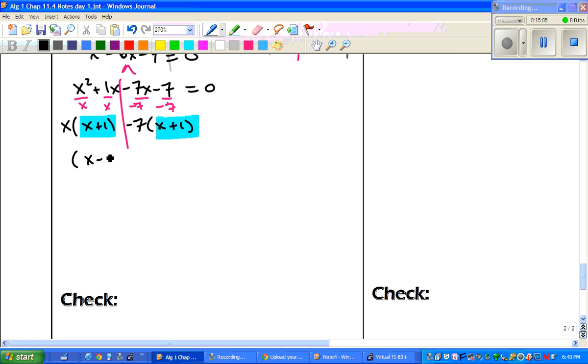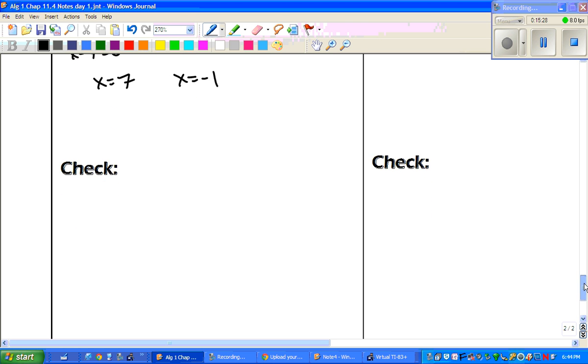And so what we factored with is x minus 7, x plus 1 equals 0. Remember, last chapter we talked about setting each one of these equal to 0, and we get x equals 7 and x equals negative 1.